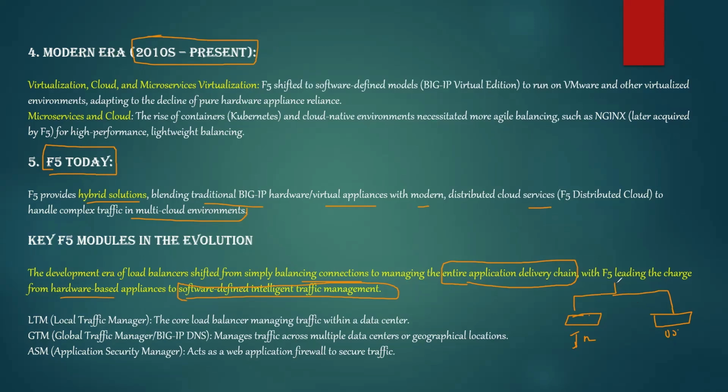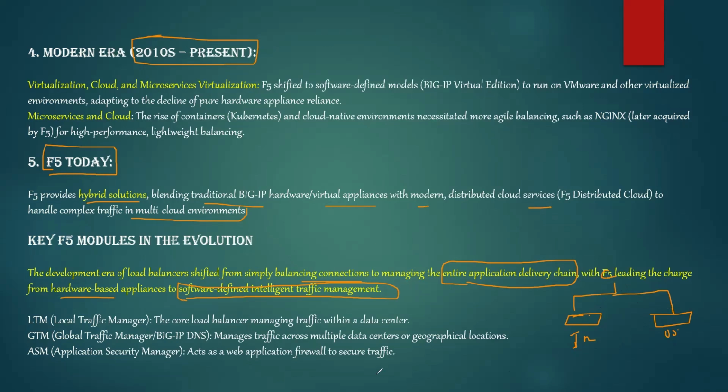If any client initiates traffic, depending on the load balancing method, primary and secondary data center, traffic reaches the India or US data center according to the configuration we have defined.